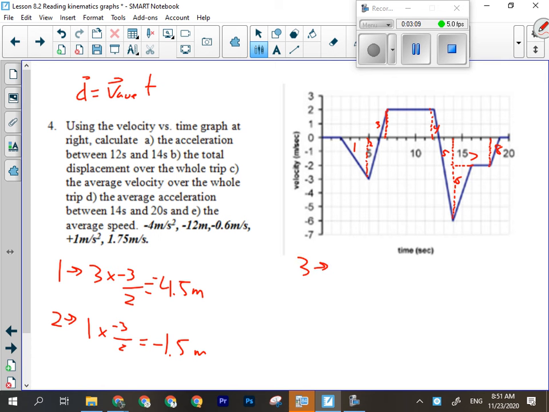So 1 times 2 over 2 gives us 1 meter. This time it's positive. Then we've got our rectangle here that has a height of 2, and it's 1, 2, 3, 4, 5 seconds along the base. So that area is 2 times 5, which is 10 meters, positive.